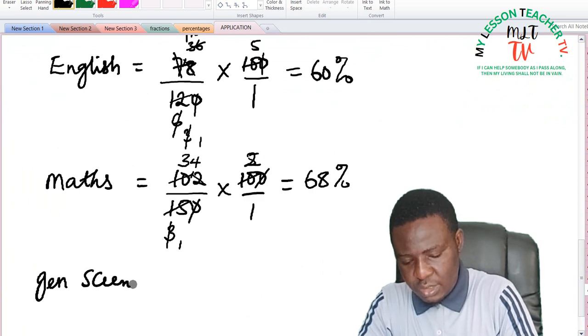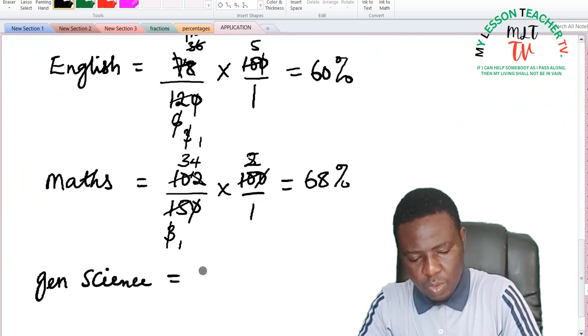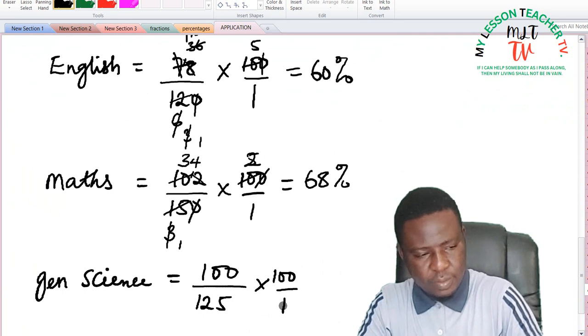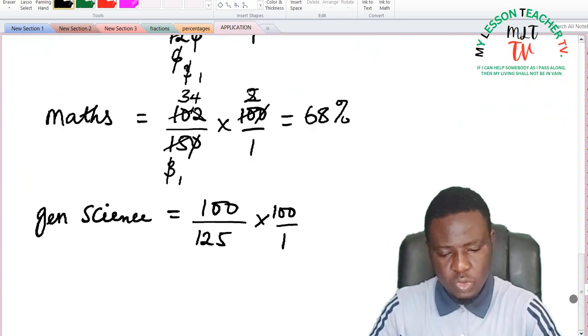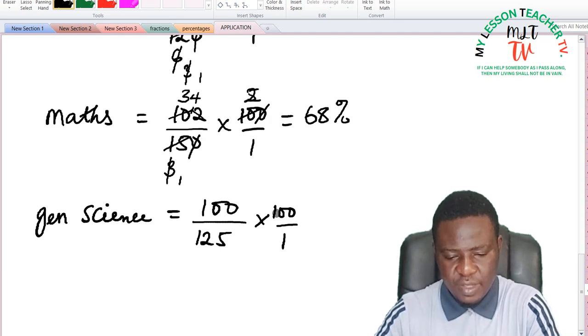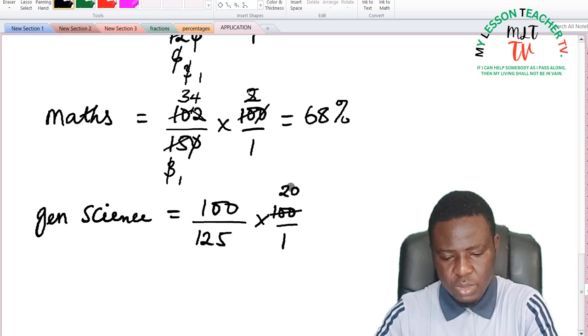General science, 100 divided by 125 times 100 over 1, so this is said to be, what can go? 5. 5 into 100 is said to be 20 times. 5 into 12 gives you 2 times remainder 2.